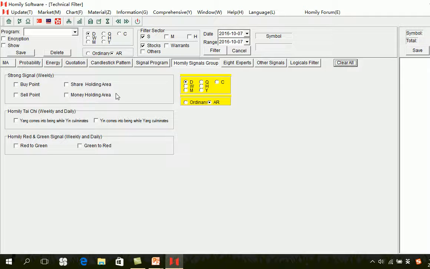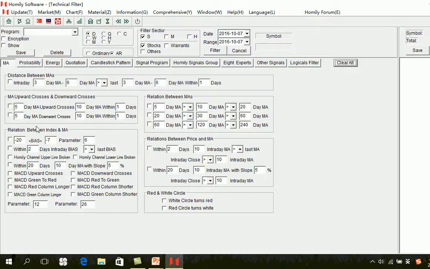Firstly, let's click moving average. Then here, within 5 days, the 13 intraday moving average is more than yesterday's moving average. Then the intraday moving average is more than the 13 intraday moving average. This is the first condition. The next condition, BIAS 0 to 3.